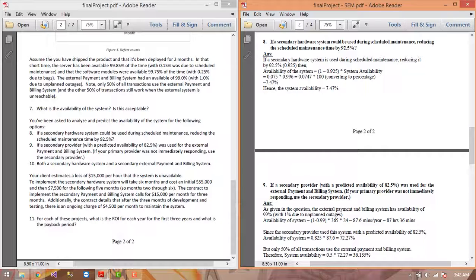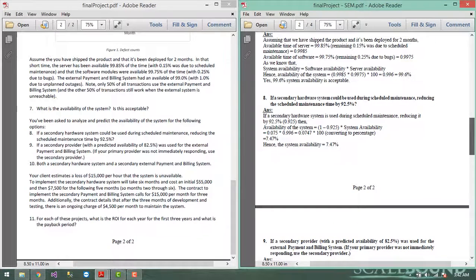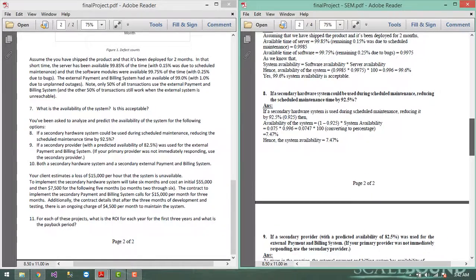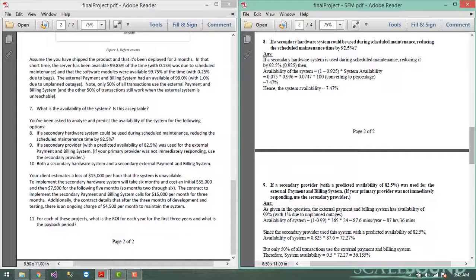If it is reduced by 92.5%, that is 0.925, the availability of the system would be 1 minus 0.925, that is 0.075, times system availability, that is 0.996, as we have calculated in the above question, question number 7. The system availability is 99.6. So 0.075 times 0.996 comes up to 7.47% system availability if the scheduled maintenance time is reduced by 92.5%.